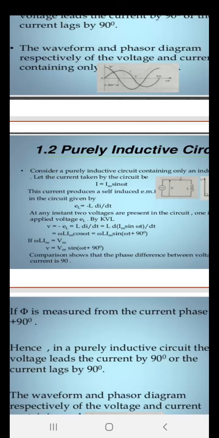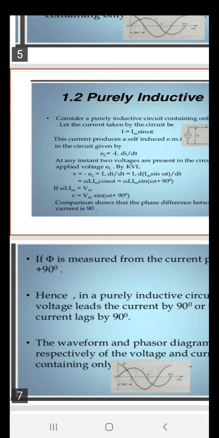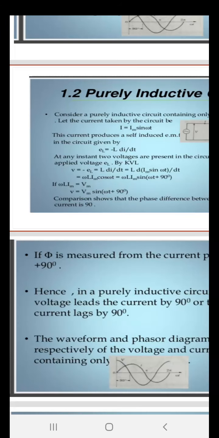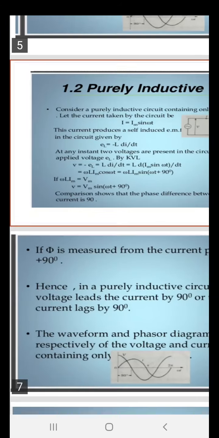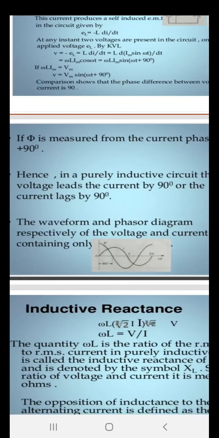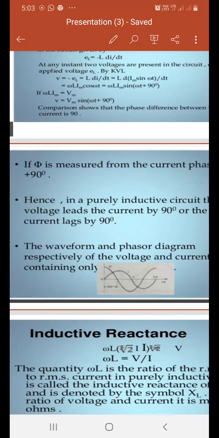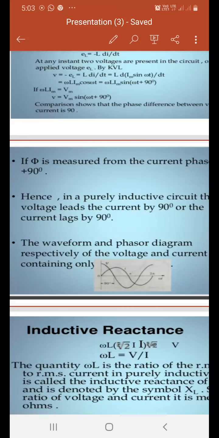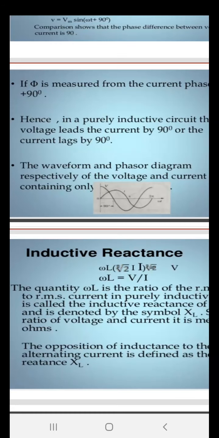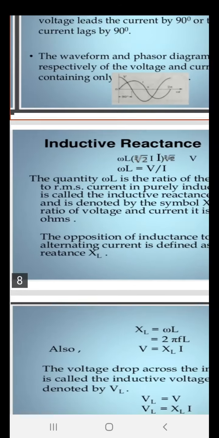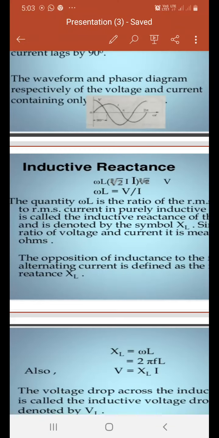Comparison shows the phase difference between voltage and current is 90 degrees in the inductive circuit also. Voltage leads current by 90 degrees and current lags by 90 degrees. See the figure of the waveform.